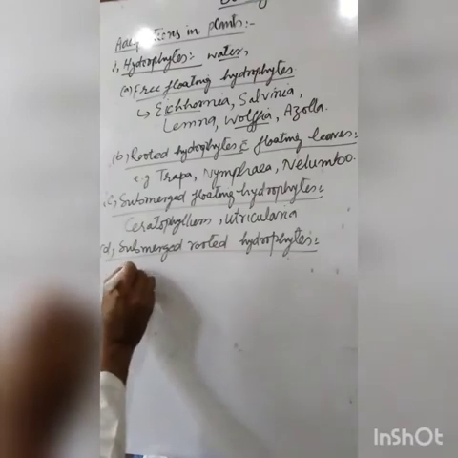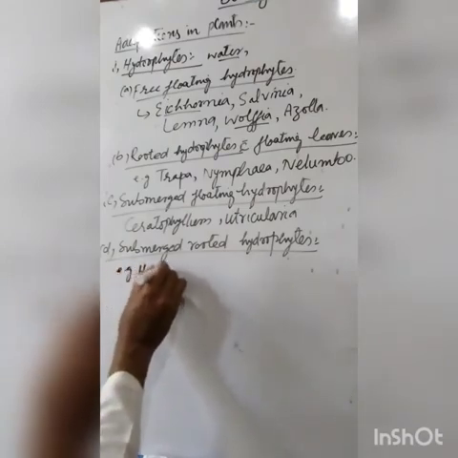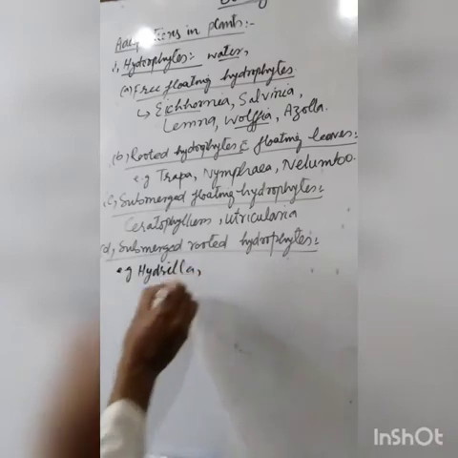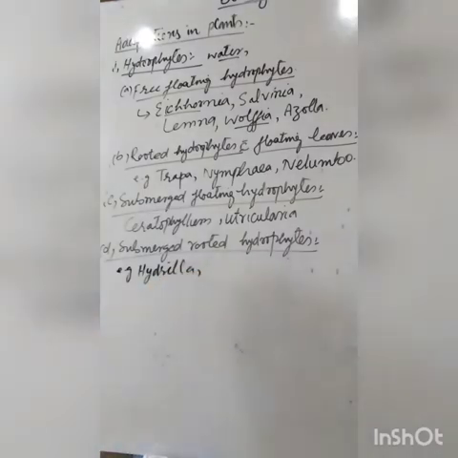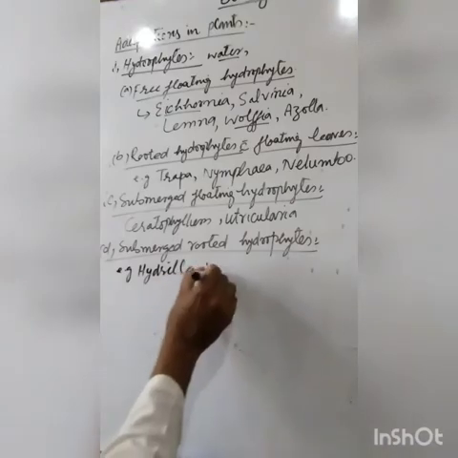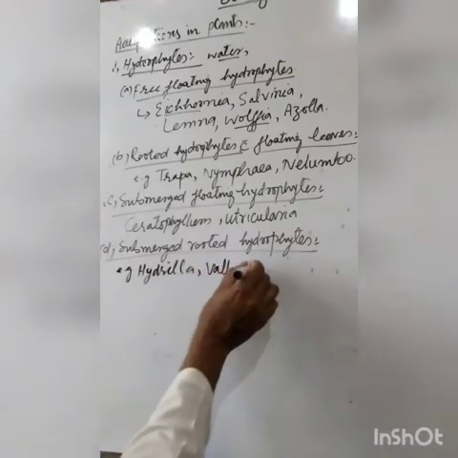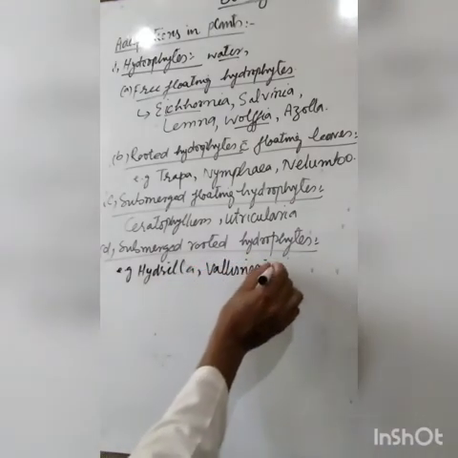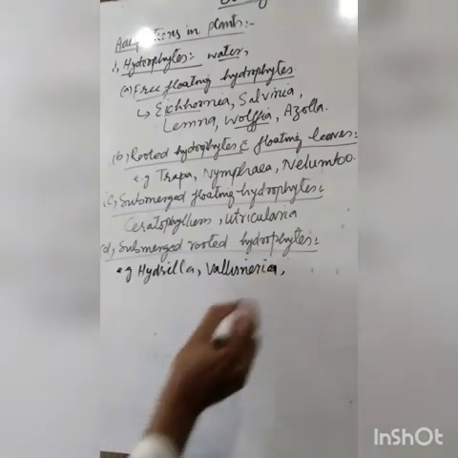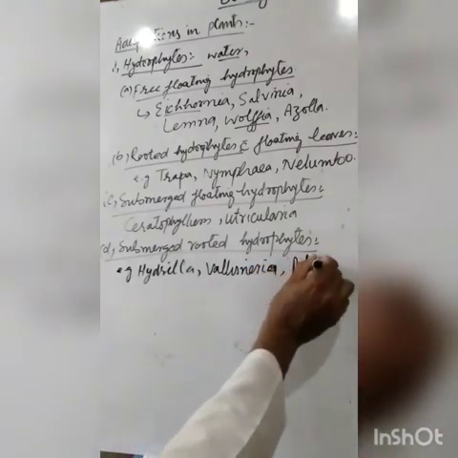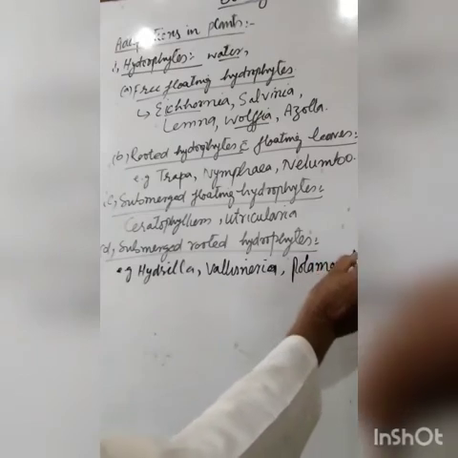There is one common that is called Hydrilla. Hydrilla is a plant you must have seen in streams. There is Vallisneria, and another is Potamogeton.